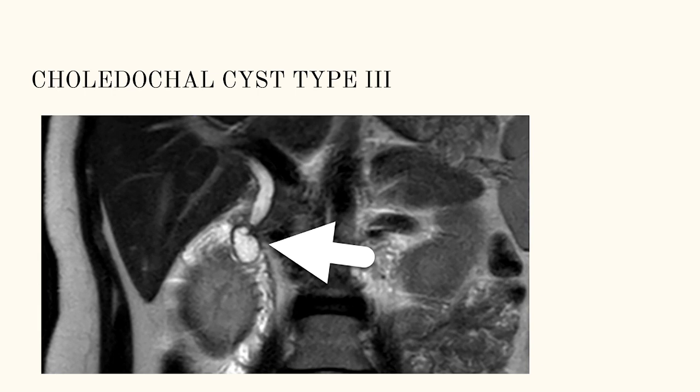For choledochal cyst type 3, there was abdomen imaging performed to evaluate a different disease in a child with scalp melanoma. A choledochocele was found incidentally, and this MRI shows a dilated CBD and the choledochal cyst extending into the duodenal lumen.